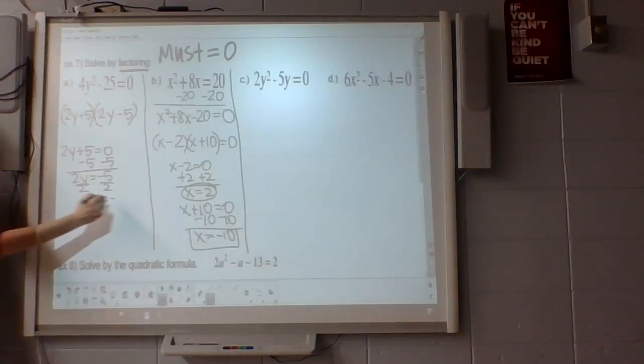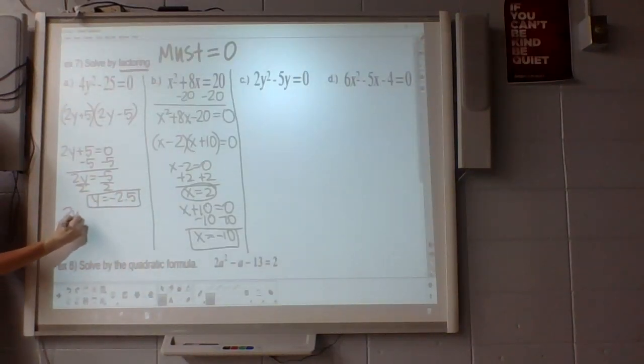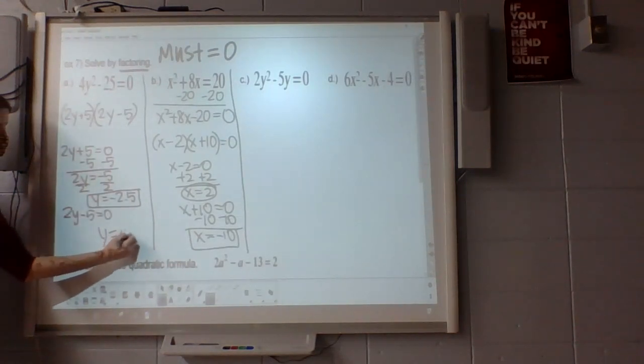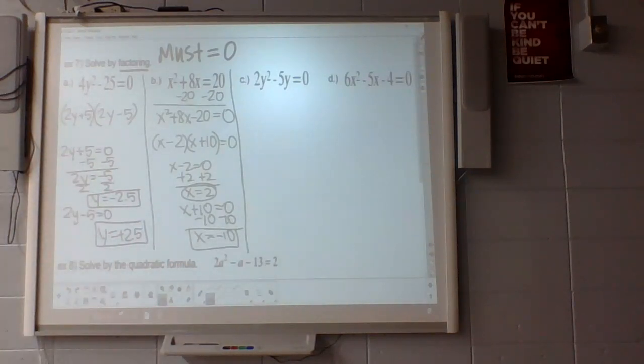So negative 5 halves, so negative 2.5. And then you're actually going to find out it's also a positive 2.5. And I solve each of those. So that's difference of squares.